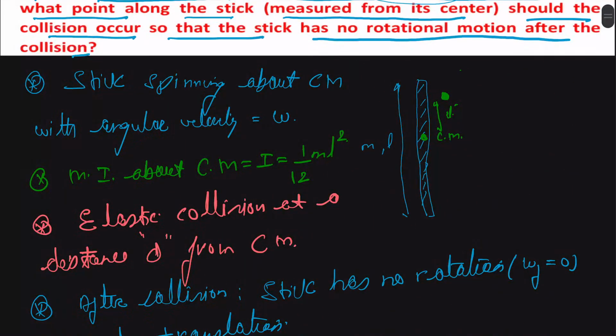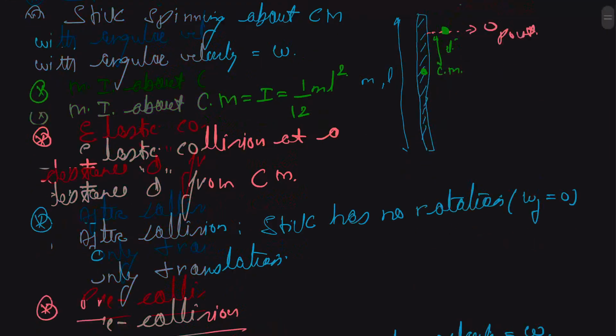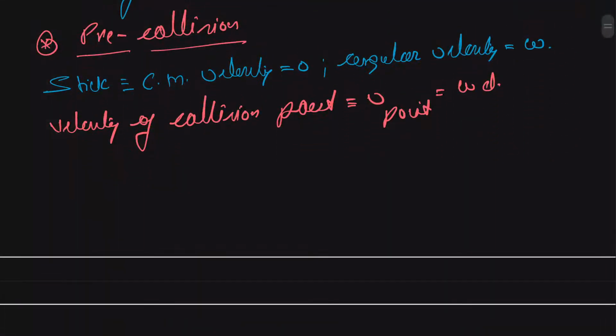So it means the velocity is in this direction, and that is for our v point, which is omega times d. Okay. d is the perpendicular distance between the center of mass and the ball, and initial velocity of the ball is also equal to 0. So you can say for the ball its velocity is equal to 0.